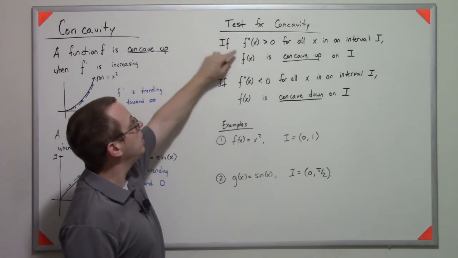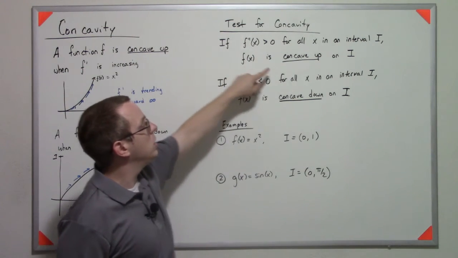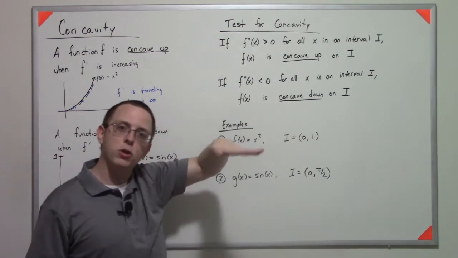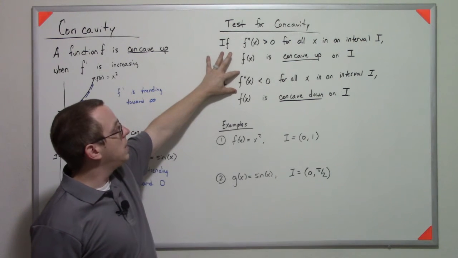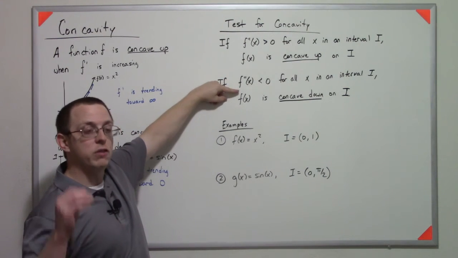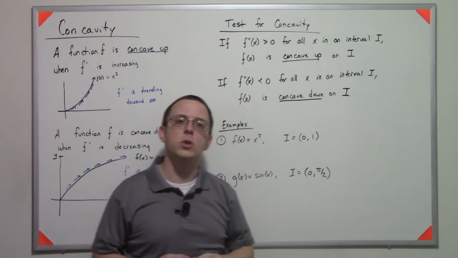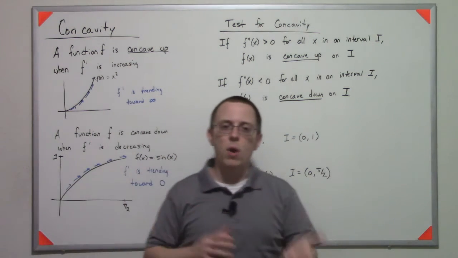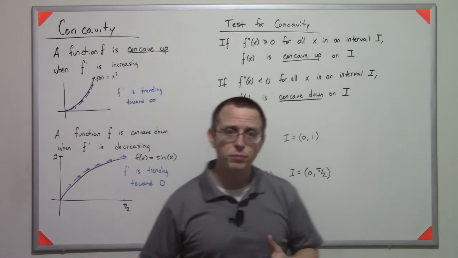So if the second derivative is positive, then the function is concave up because it means the first derivative is increasing. Similarly, if the second derivative is negative, that means the first derivative is decreasing. So that tells me that it's concave down. So we now have a way to use the second derivative to give us information about the function.